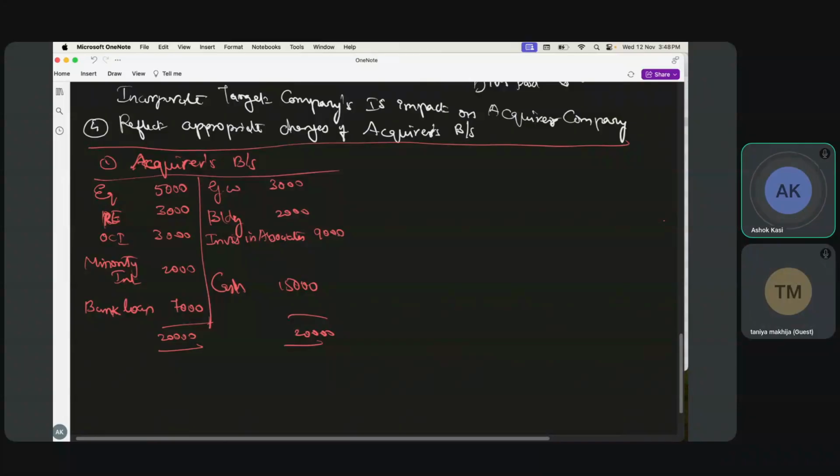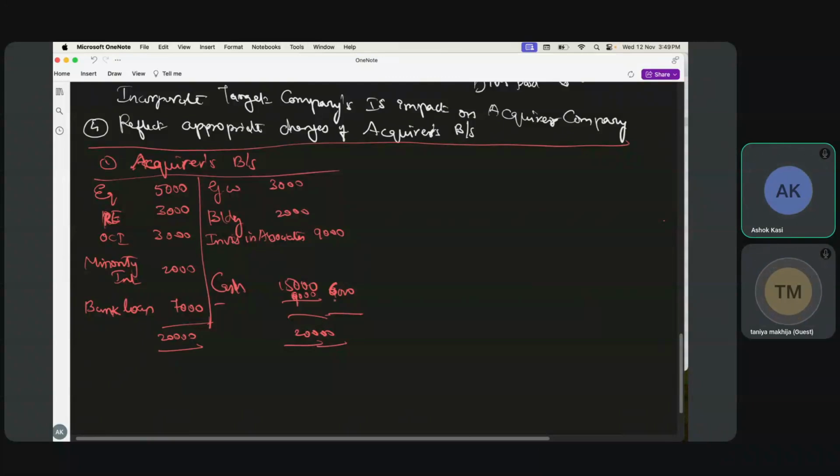But this 9,000 I have paid by cash, so cash will be minus, 15,000 becomes 6,000. Finally the total will remain the same, 20,000 only. This is the answer for the first question.